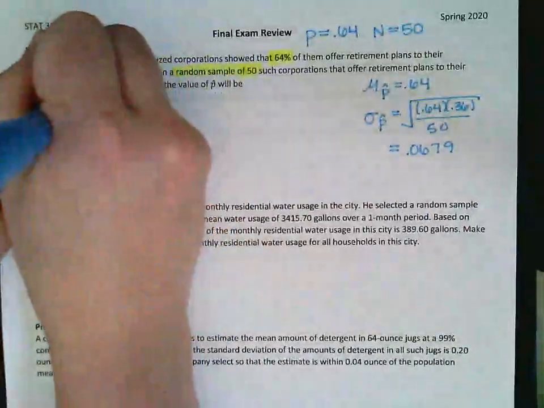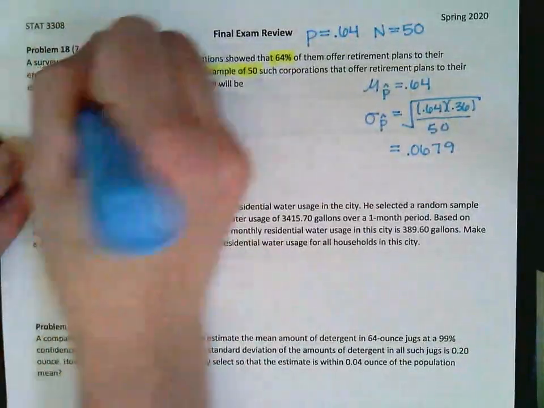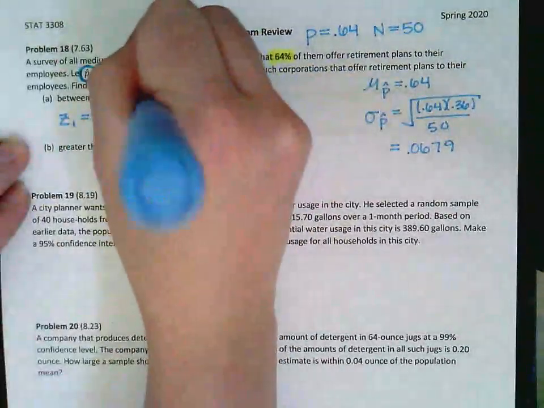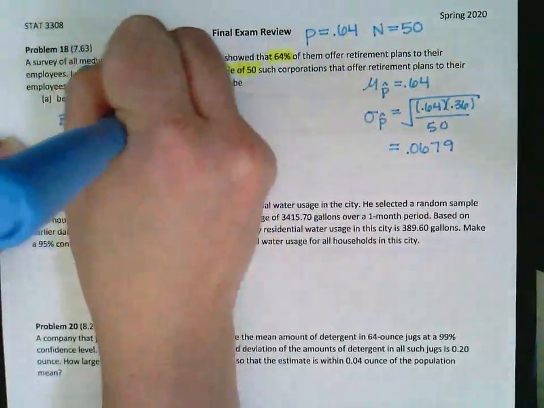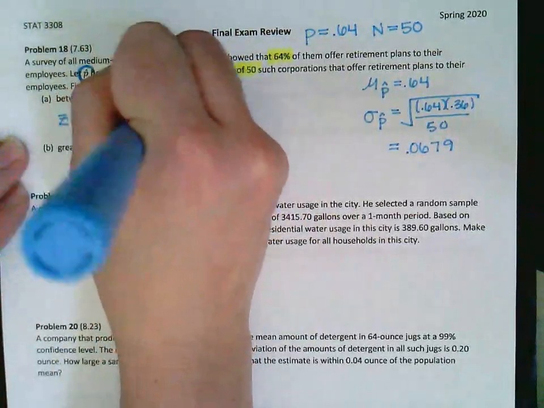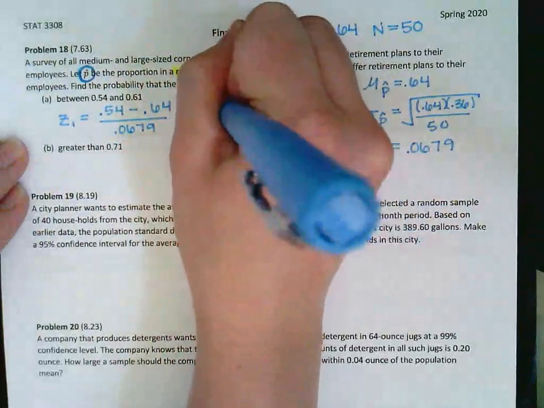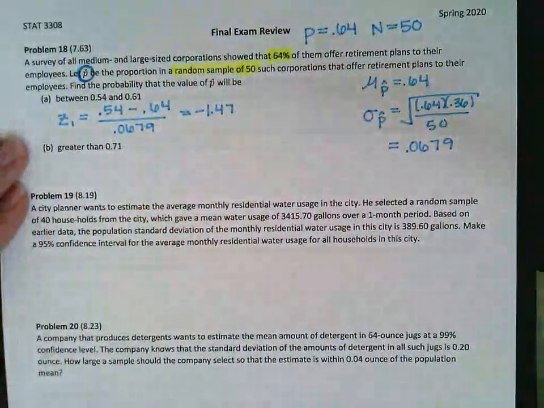So my z1 is going to be 0.45 minus the mean, all over the standard deviation, and that z-score is negative 1.47.